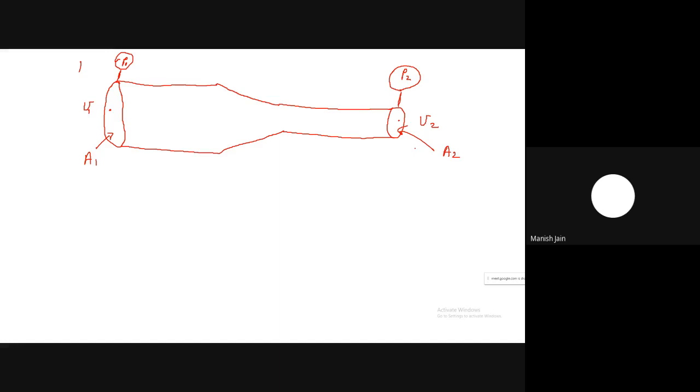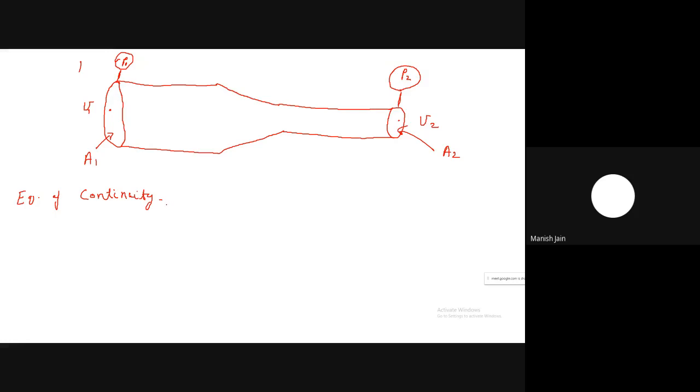So first we will start with the equation of continuity. Here we will use the equation of continuity at a macro level, not the micro level. What the equation of continuity says is that the mass is conserved.